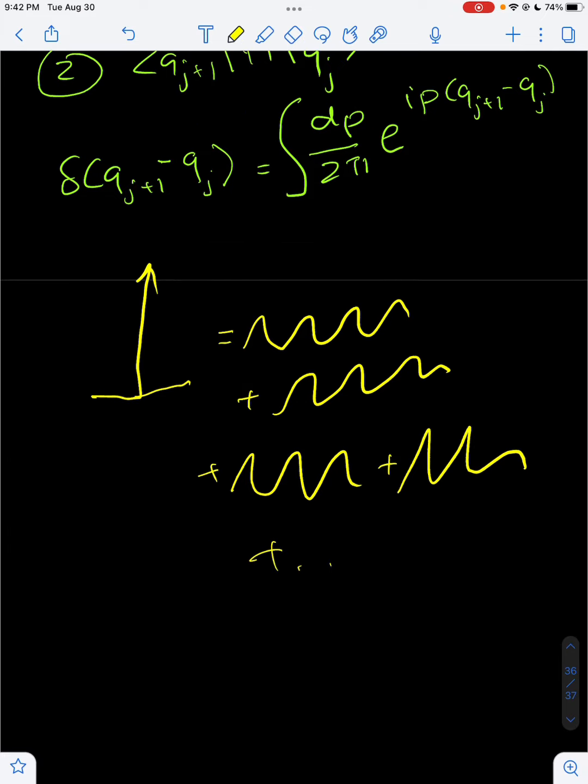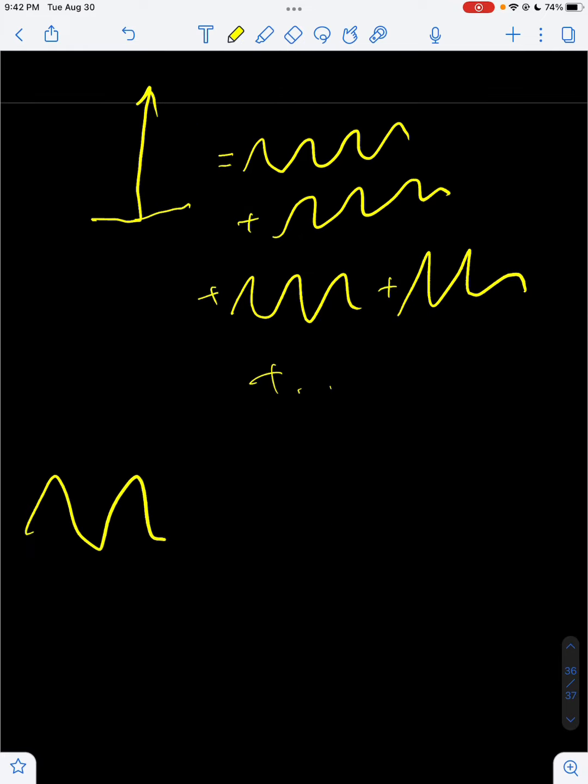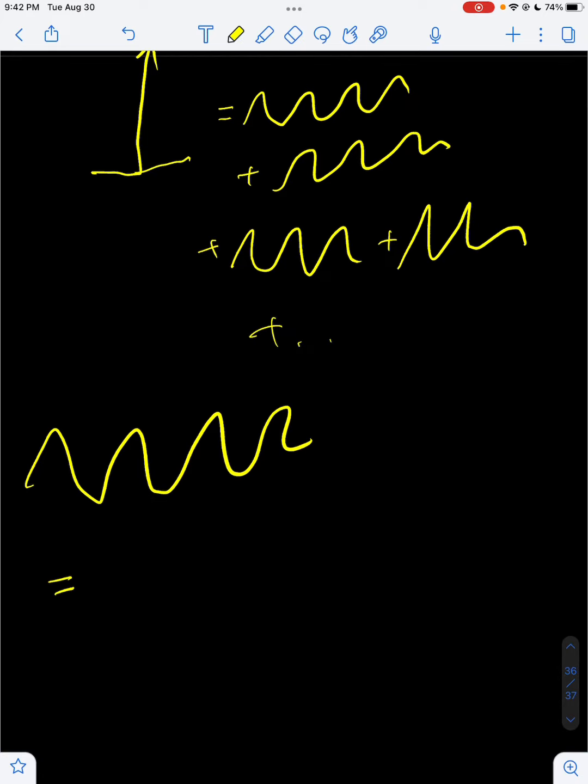And we can say the same thing about a momentum wave, a plane wave. We can get a plane wave by summing up a bunch of delta functions together.